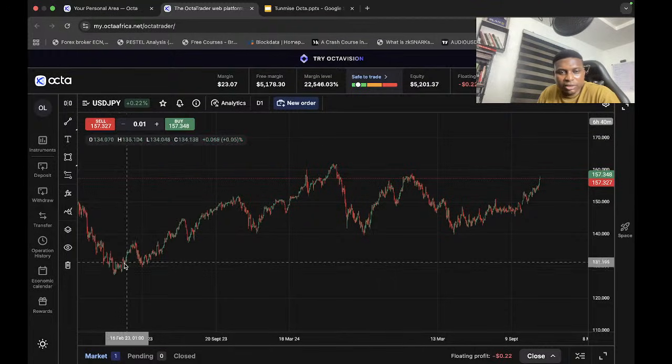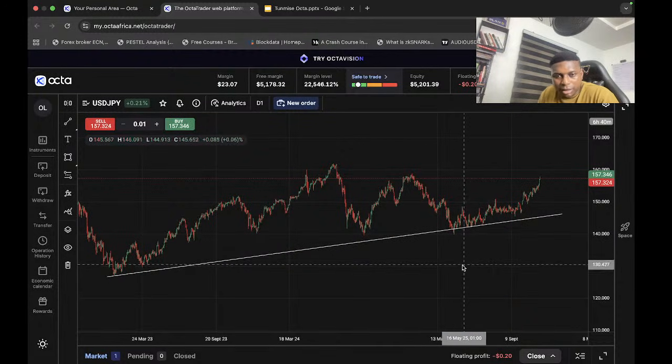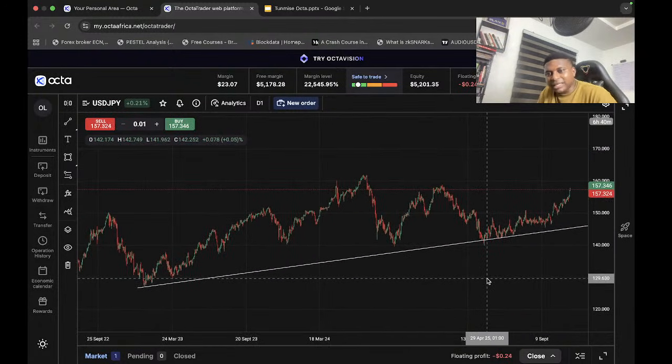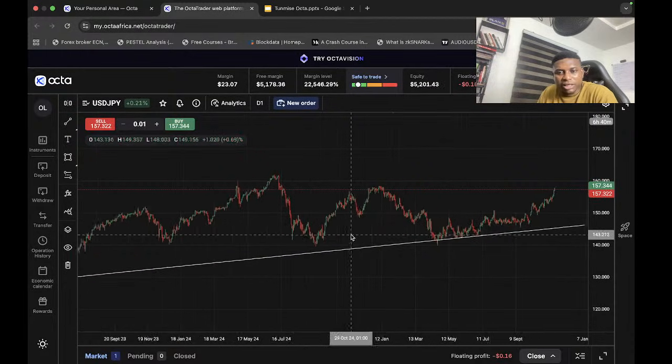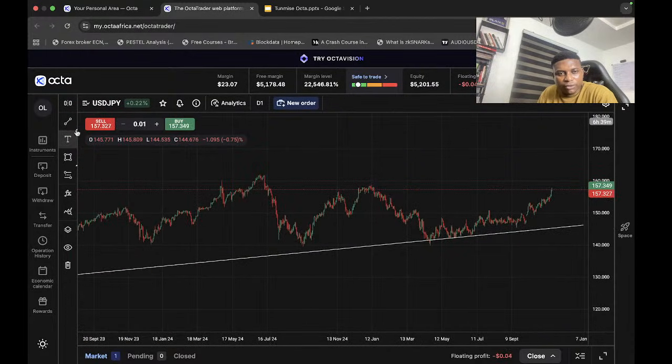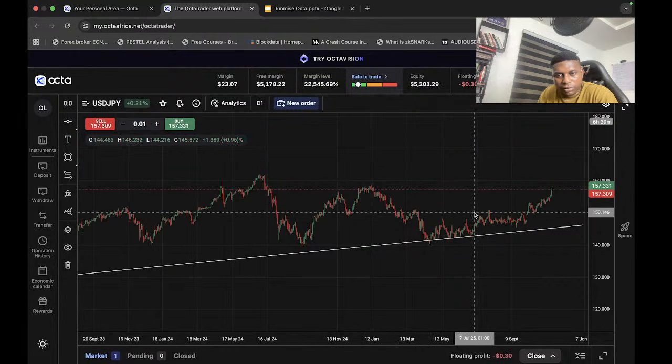So we can see just something like this, like a slight ascending direction. So when we go closely, let's map out levels of support and levels of resistance.